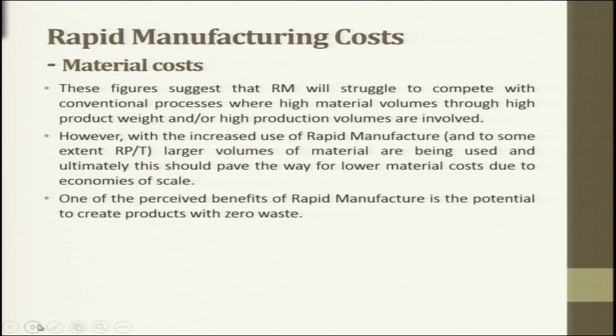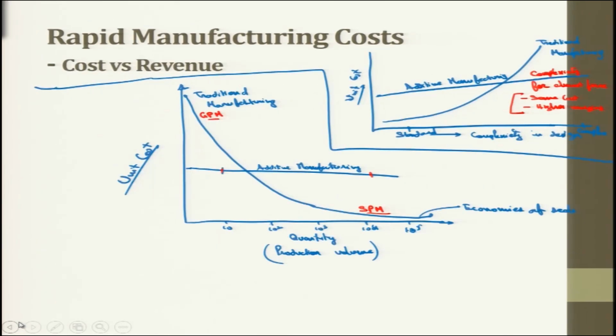These figures suggest that rapid manufacturing will struggle to compete with conventional processes where high material volumes, high product weight, or high production volumes are involved. As we see here, when the volume is higher, the unit cost of additive manufacturing is higher.